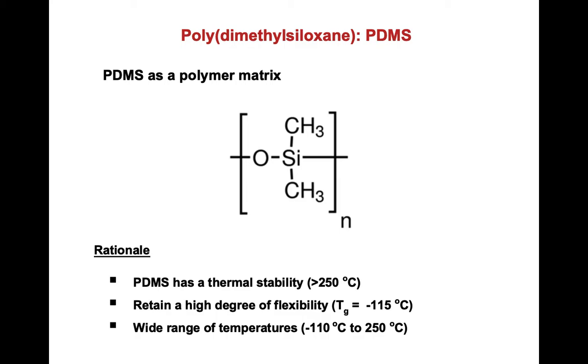The reason for using PDMS as the matrix for making a composite is that this polymer can be used over a wide range of temperature from -110 to 250 degrees Celsius, because PDMS has thermostability of more than 250 degrees Celsius and can retain a high degree of flexibility even at a low temperature.